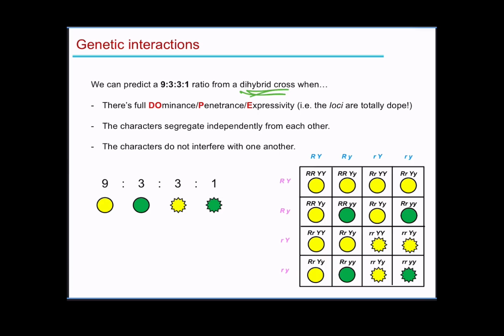That's it. It's not telling you anything about wrinkle affecting the way that pea color manifests itself. Did that make sense? So there's no interaction whatsoever between these loci. So that's another assumption that is underlying the expected 9331 phenotypic distribution.